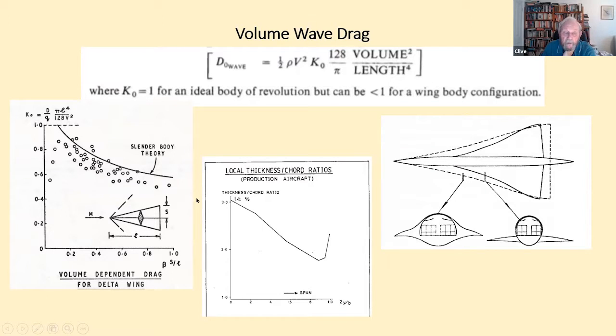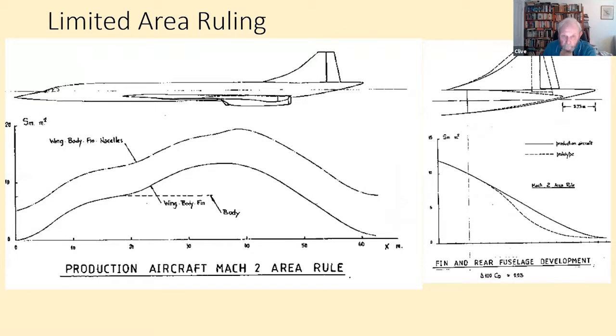The wing then is actually quite thin. It's a maximum of 3%, falling to just under 2, about 1.75% out at the tip there. So the volume to wing area ratio, if you like, is quite an important parameter in terms of keeping the drag down.